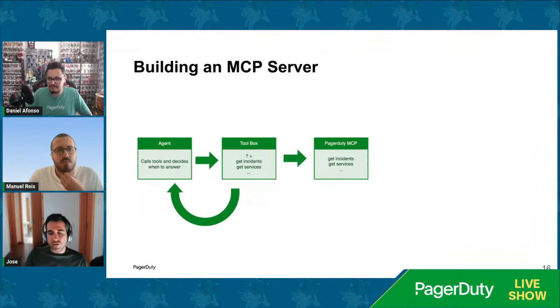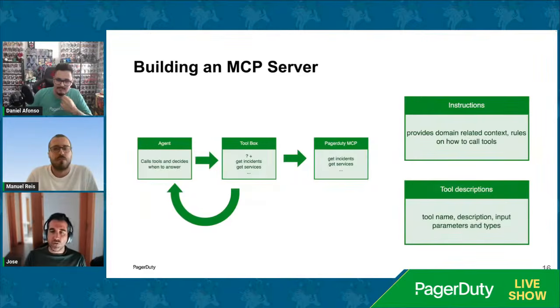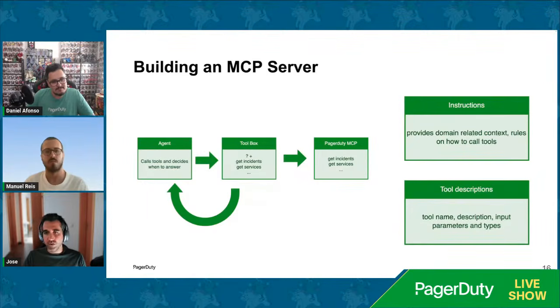So really the first thing you need to do is, the spec gives you two ways of doing this, which are the instructions, which are almost like a system prompt, and the actual tool descriptions. If you've built agents, you know what I'm talking about. If not, to simplify, and if you're a developer, think of tools for agents as functions, code that you can run to do a certain task.